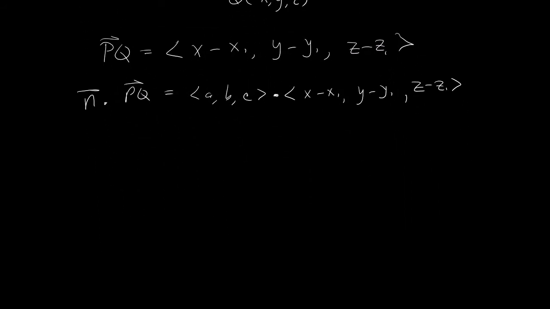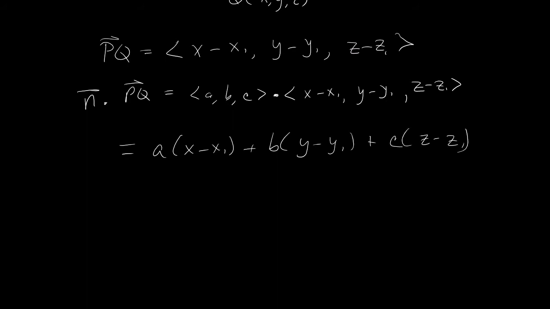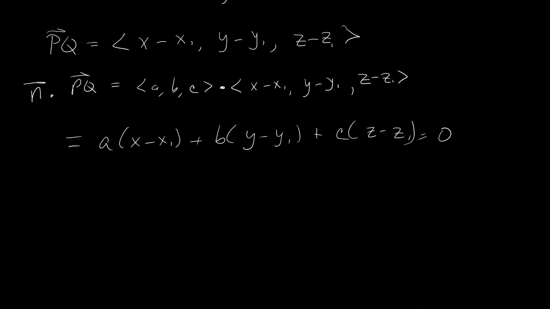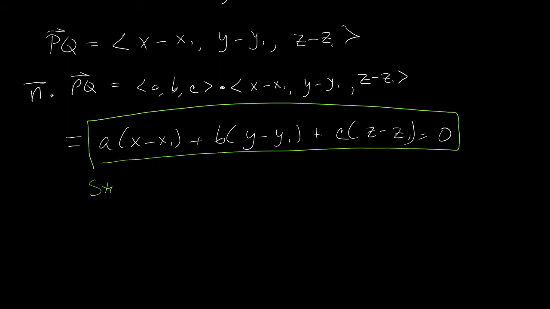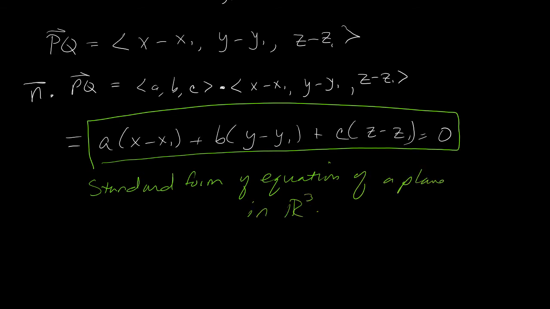So if we do the dot product, what we are going to get is A times (x minus x1) plus B times (y minus y1) plus C times (z minus z1). And because these are perpendicular, we know that this is equal to 0. And that, my friends, is the standard form of the equation of a plane in space, R3.